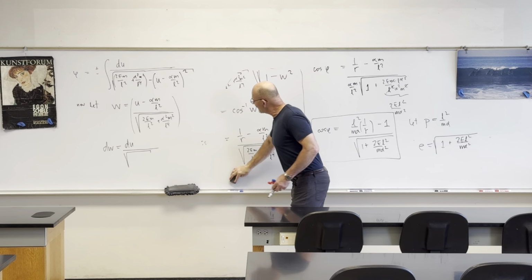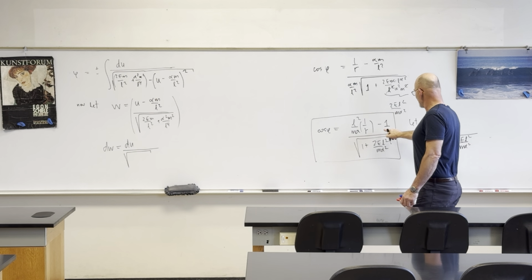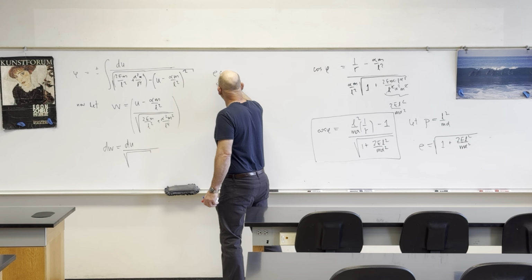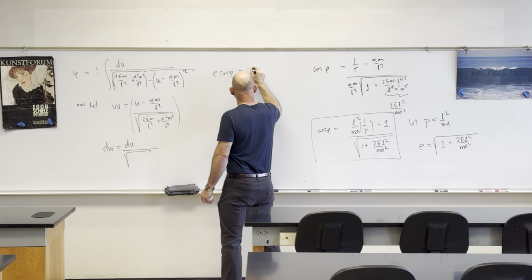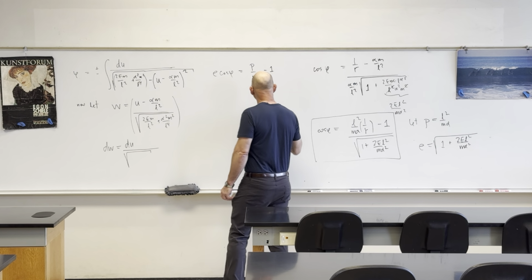These intermediate steps, of course, we're not seeing anything. But now, you're going to see we have E cos phi, by cross multiplying, is equal to P over R minus 1.